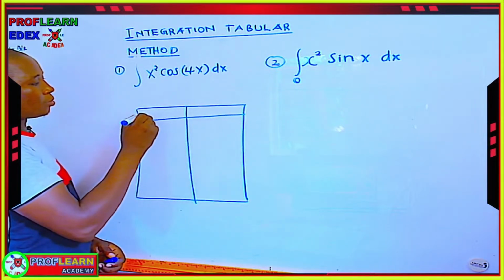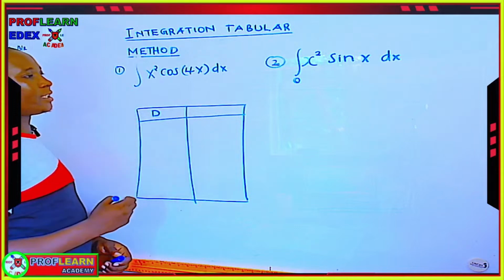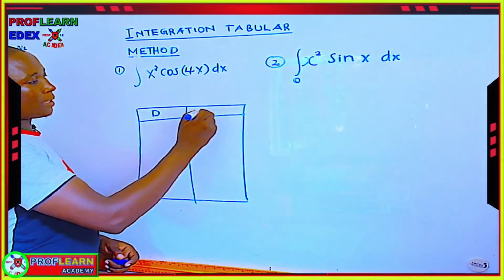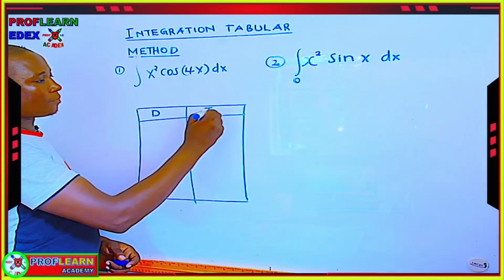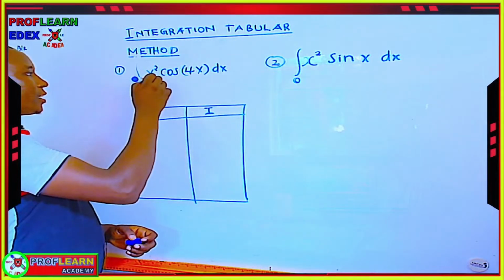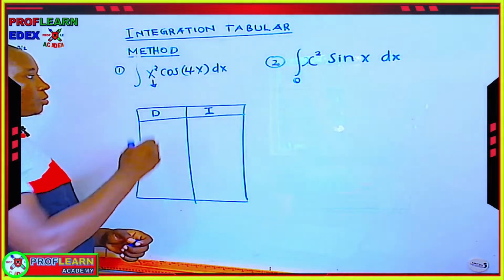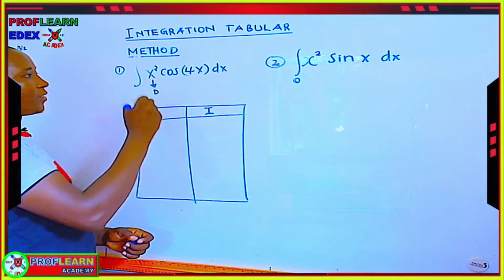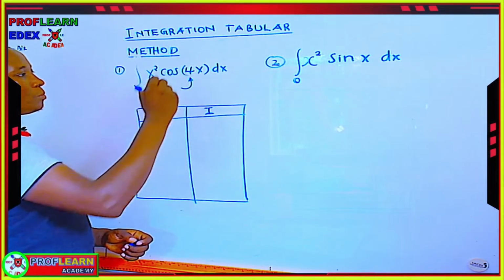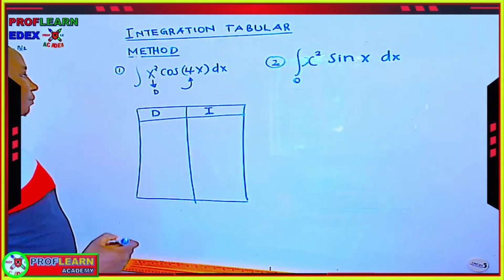On one part, we are going to have the derivative, where you are going to do the derivative, and the other part where you are going to perform integration. Where you are going to perform the derivative is the part which is a polynomial, and on the other end you'll be performing an integration.